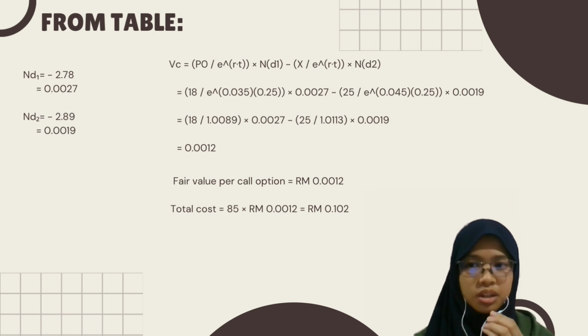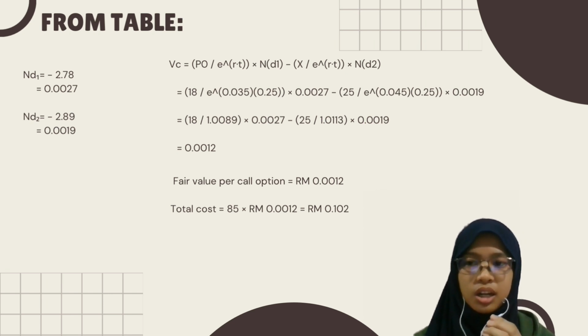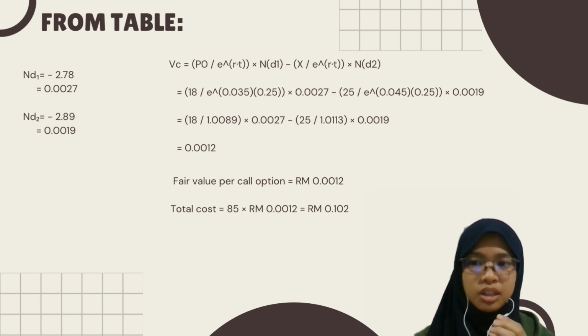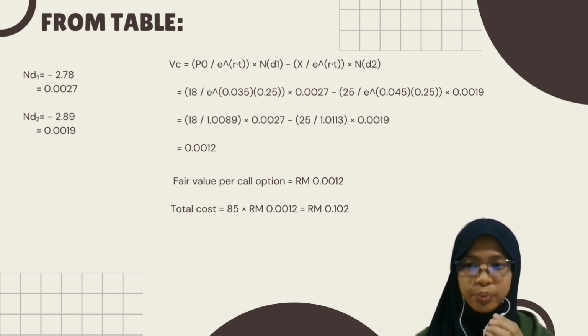Next, we plug these values into the Black-Scholes formula, which is the equation of VC equals S multiplied by exponential power of negative QT, multiplied by N(D1), minus X multiplied by exponential power of negative RT, multiplied by N(D2). That gives us the equation.